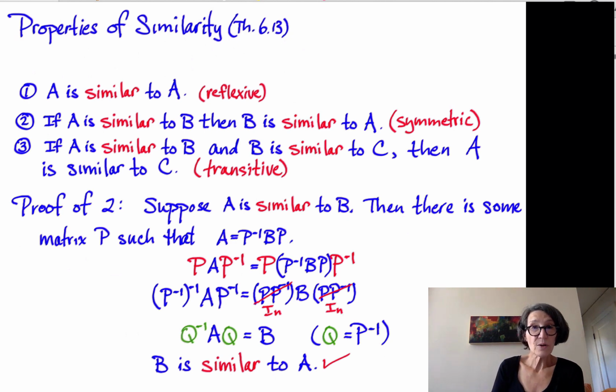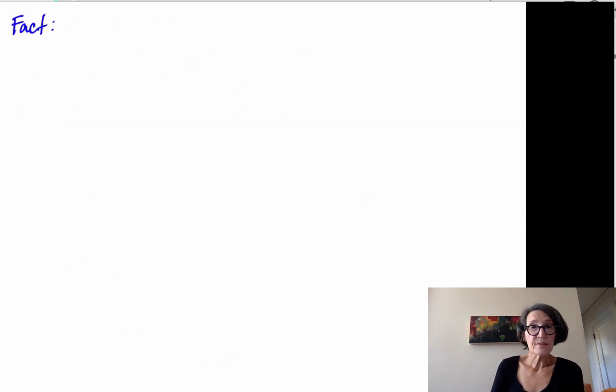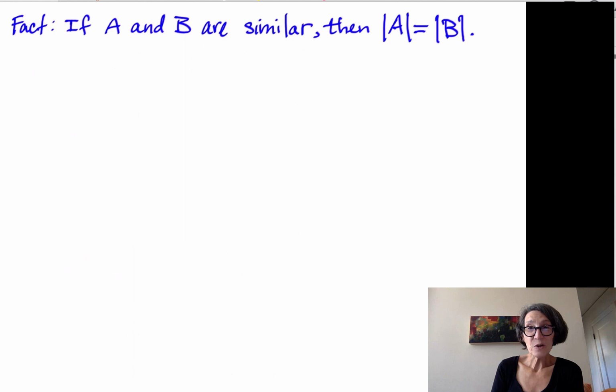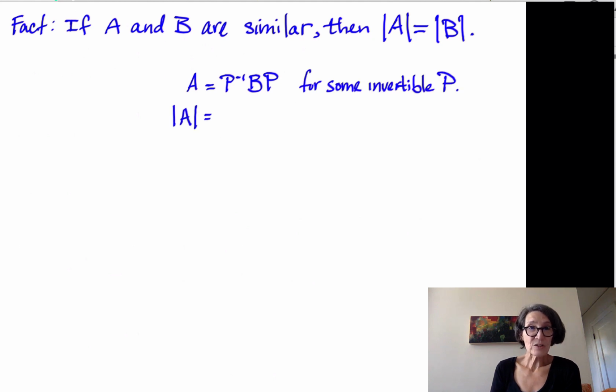Let's prove a couple of facts about similarity. So suppose that A and B are similar. That means that the determinants are the same. Let's see why that's true. So if A and B are similar, then A is equal to P inverse BP for some invertible P. So that means that the determinant of A is equal to the determinant of P inverse BP.